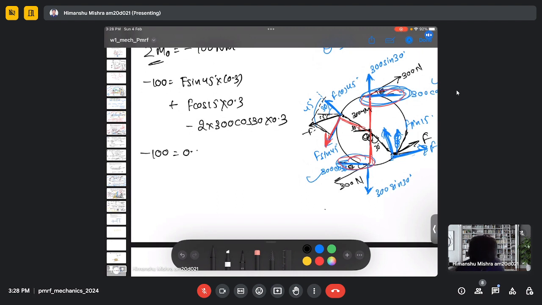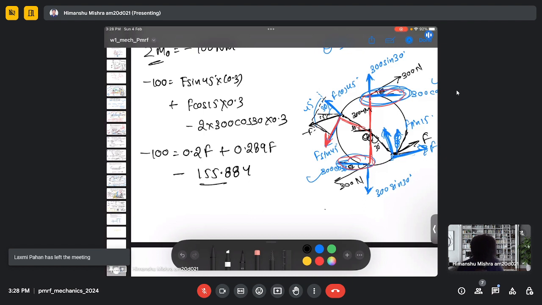It will be 0.2 F plus 0.289 F minus 155.884.